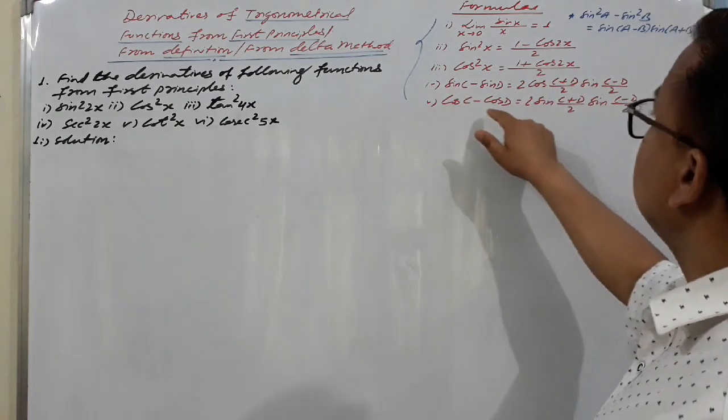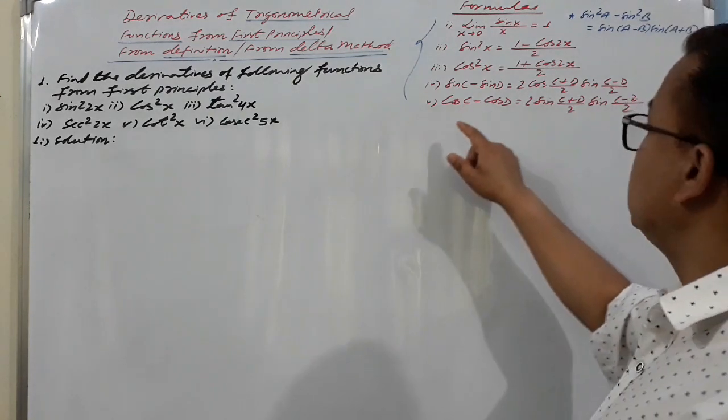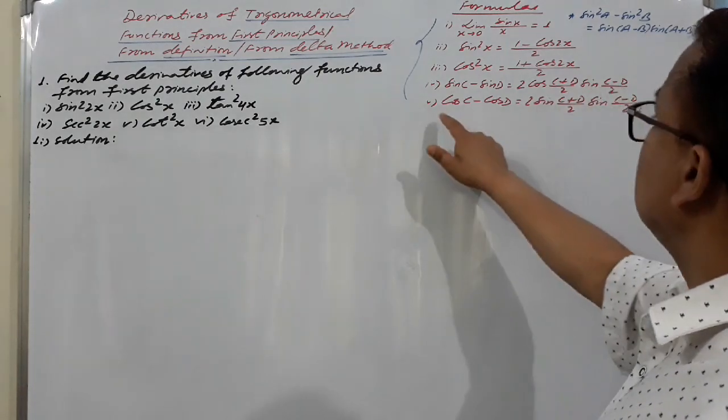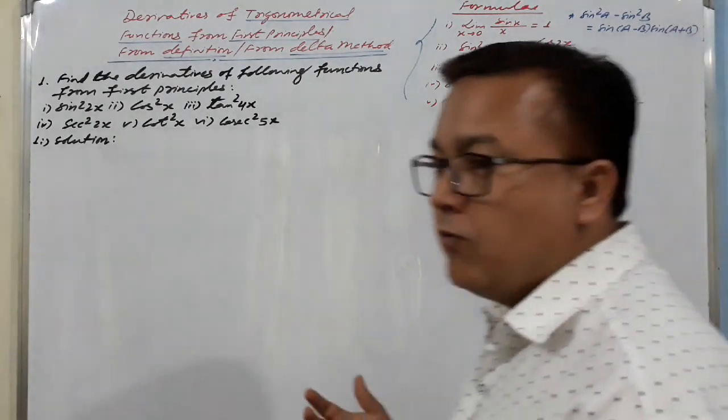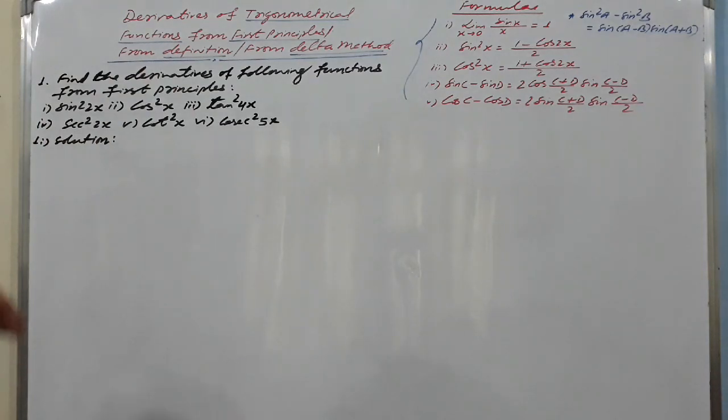These are the transformation formulas you might have studied in trigonometry, sin c minus sin d, and I've written here cos c minus cos d as well. We need these formulas.